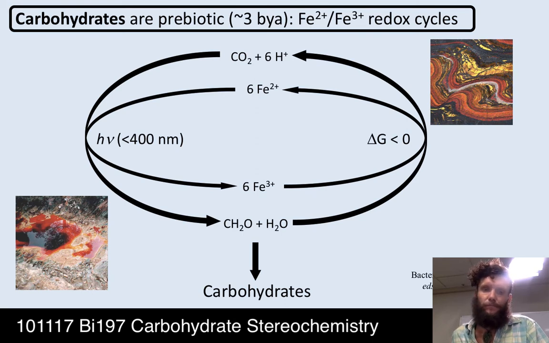So we had light from the sun on the left-hand side. You see there the h nu of about 400 nanometers. That was a particular wavelength of sunlight, driving these redox cycles, where carbon dioxide in the atmosphere plus acid, some sort of acidic content of the primordial broth that was there.